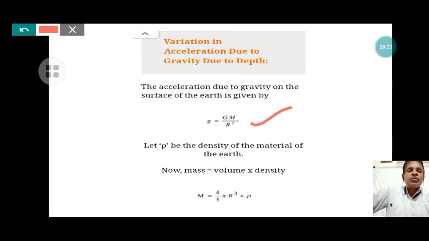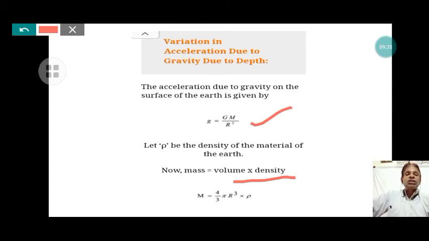Now rho is the density of the materials of the earth. We know that mass is equal to volume into density. So the mass of the earth may be expressed in terms of the volume of the earth, which is equal to 4 by 3 pi r cube. When the volume of the earth is multiplied by the density, rho, we get the mass of the earth.